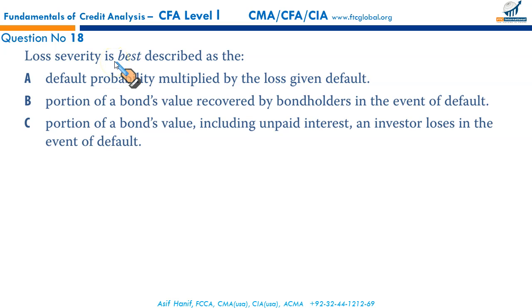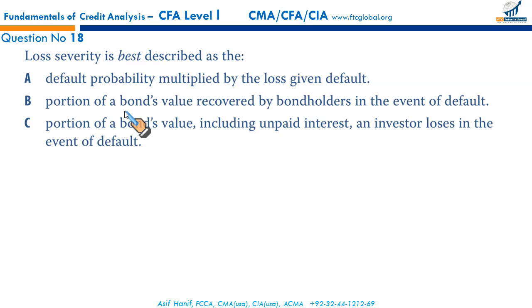Loss severity is best described as which of the following? The default probability multiplied by the loss given default? No. This is called expected loss. Expected loss is equal to default probability times loss given default. B. Portion of bond value recovered by bondholders in the event of default is called the recovery rate.